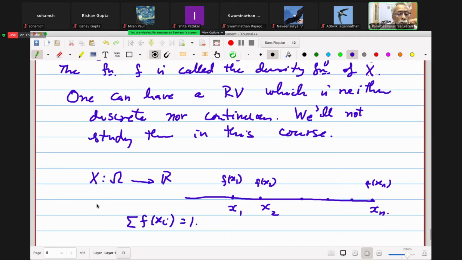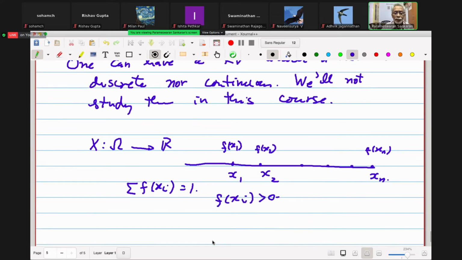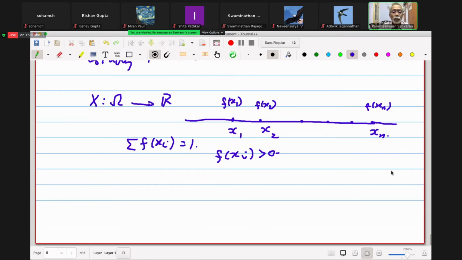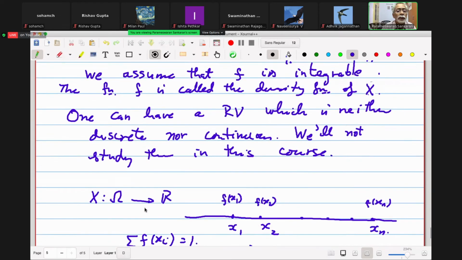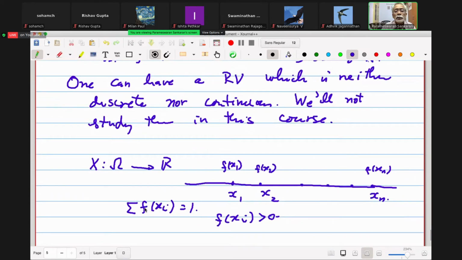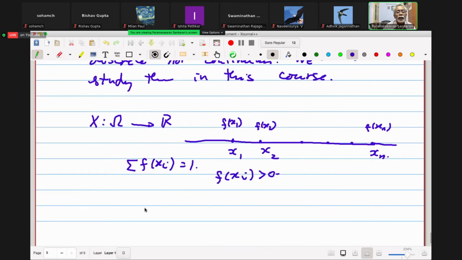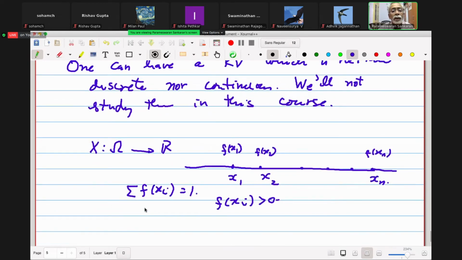So f(xi) positive and the summation of f(xi) is 1. Essentially the same thing happens when you have countably infinitely many of these xn's. Also, there is one other possibility: neither discrete nor continuous. The word continuous does not necessarily mean that it is not discrete. This is another phenomenon.